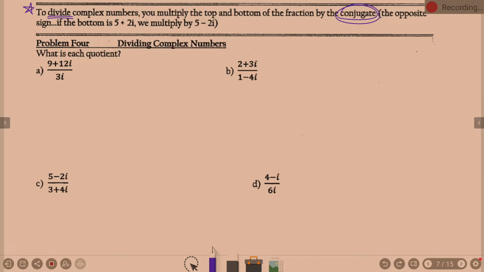So, for instance, if the denominator is 5 plus 2i, we multiply by 5 minus 2i. So we're going to multiply by, and I'm going to write, the conjugate of the denominator. And when I say denominator, I'm referring to the bottom of the fraction, right?